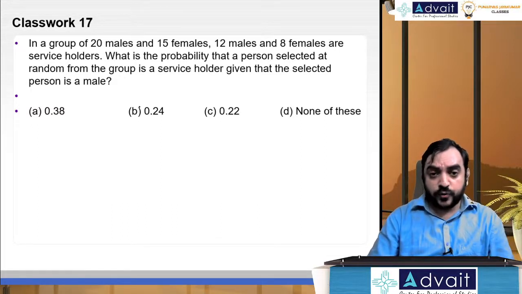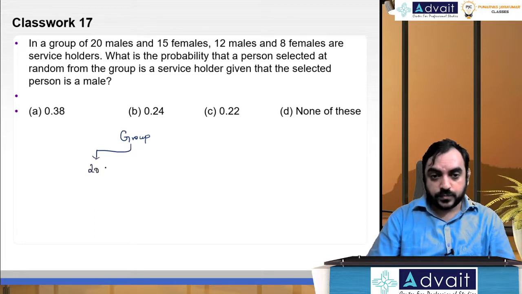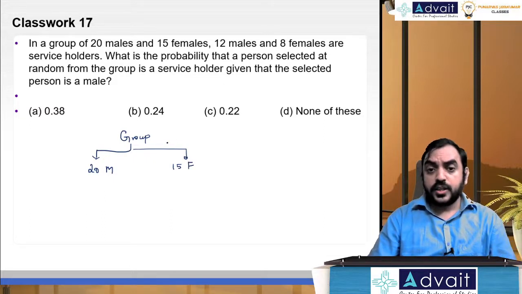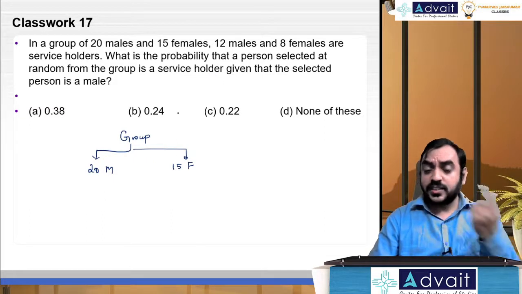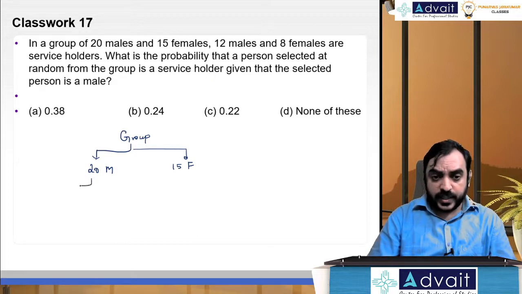In a group of 20 males and 15 females, of that, 12 males and 8 females are service holders. So in 20 males, 15 are service holders, I'll say SH.